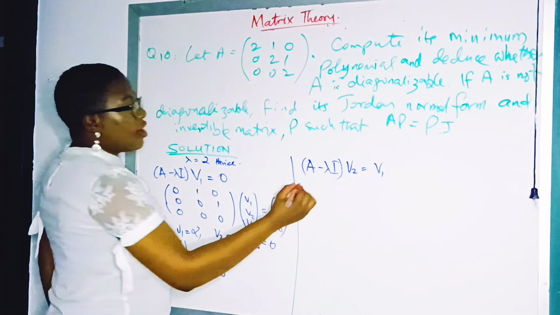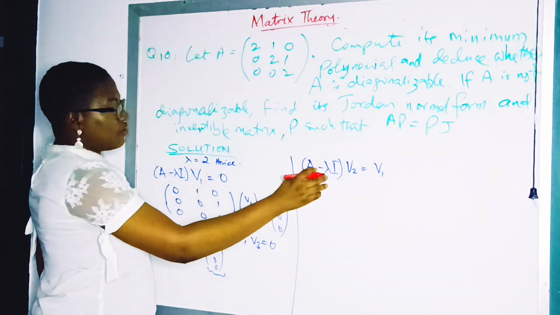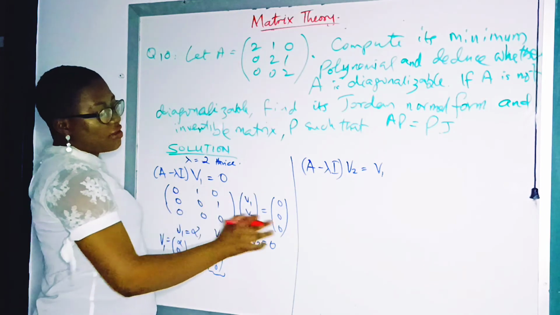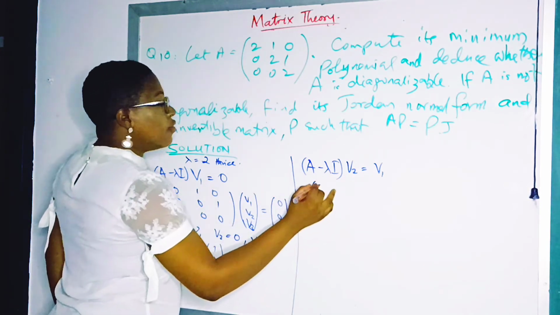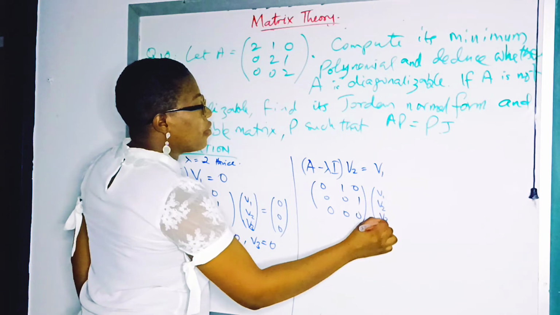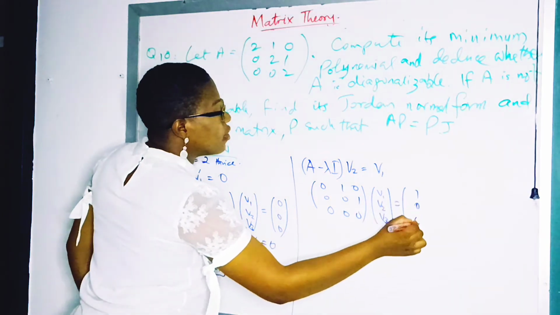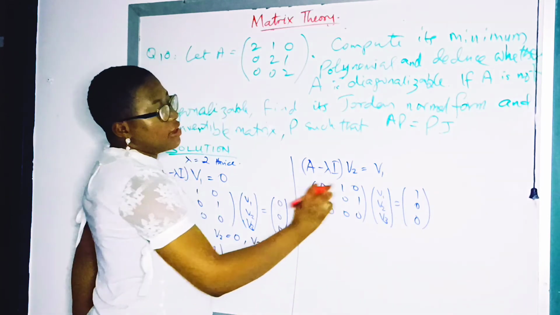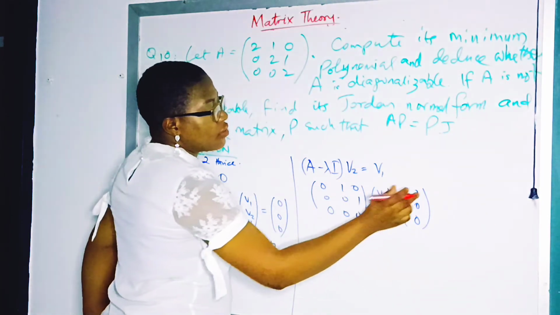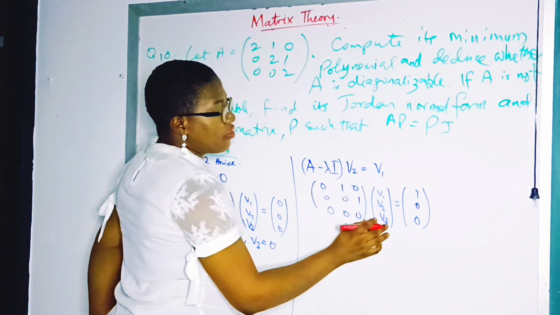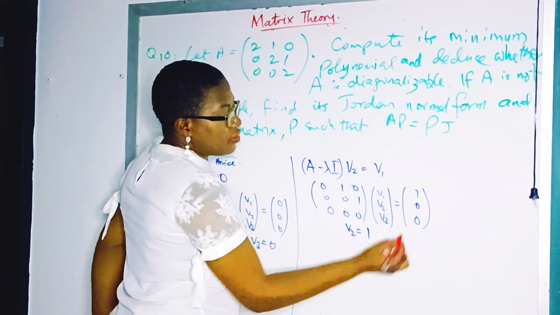Lambda is still 2. So I have V1, V2, V3 on one side and 1, 0, 0 on the other. So from here you can see that V2 is equal to 1, and V3 is equal to 0, the second one.